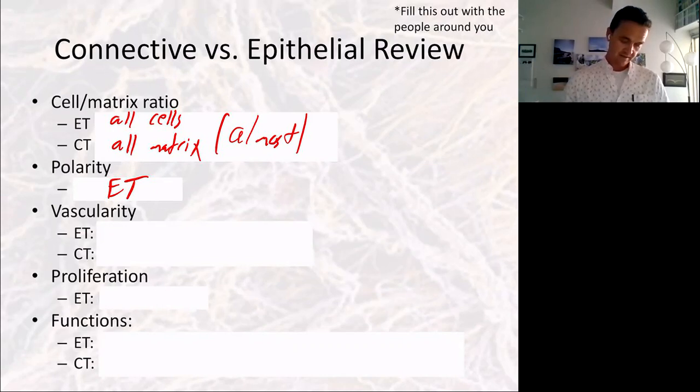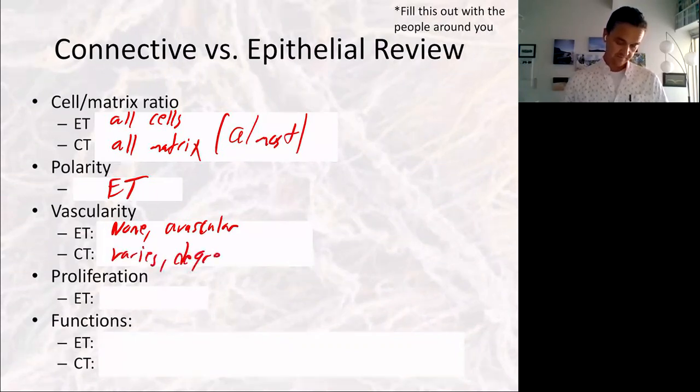Vascularity in epithelial tissue is none. They're avascular. Connective tissue, it varies depending on the tissue, right? Degrees of vascularity is the way it's said. Proliferation, epithelial tissue is highly proliferative. It is constantly making more of itself, replacing those dead cells.